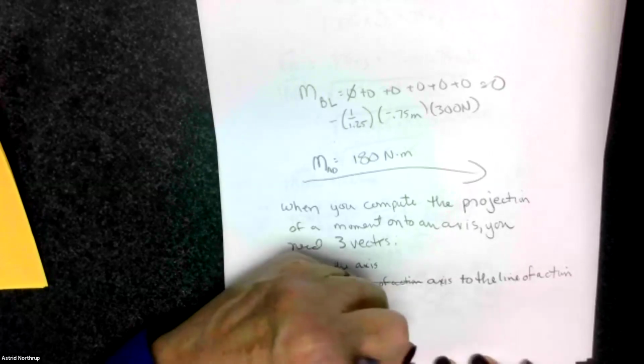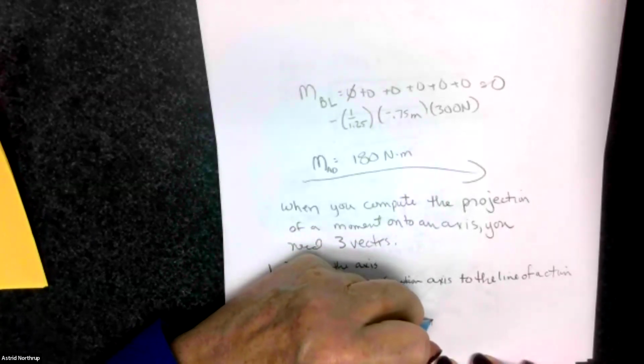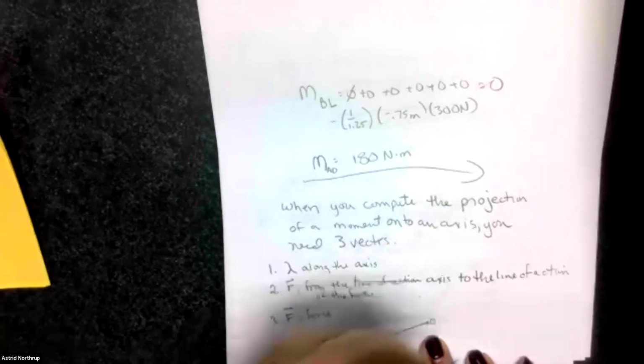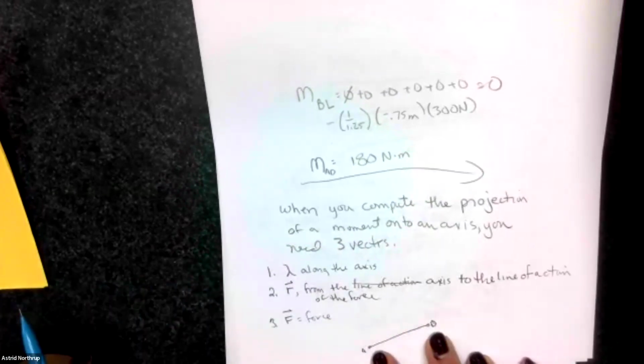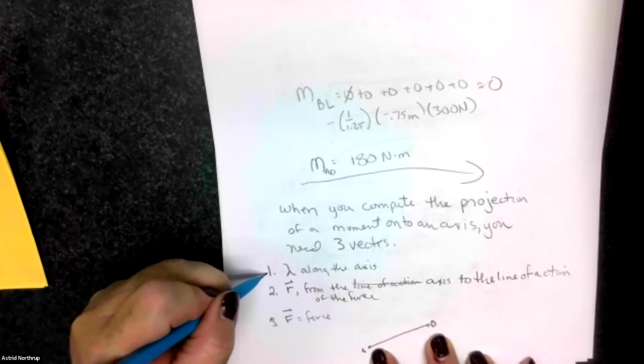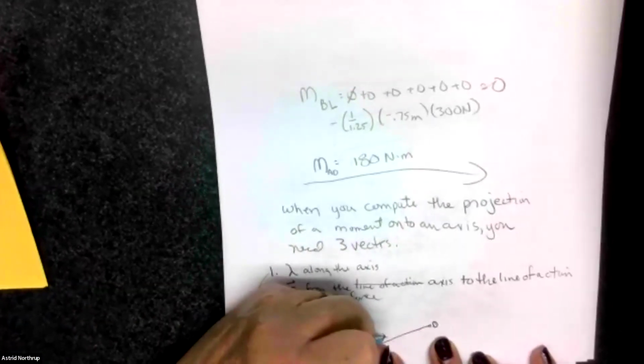All right, so in this case, let's see what that means. I'm not going to draw the whole drawing out, but this is A to D. And the problem tells us that we want to take the moment about AD. So the first vector we need is lambda on AD.